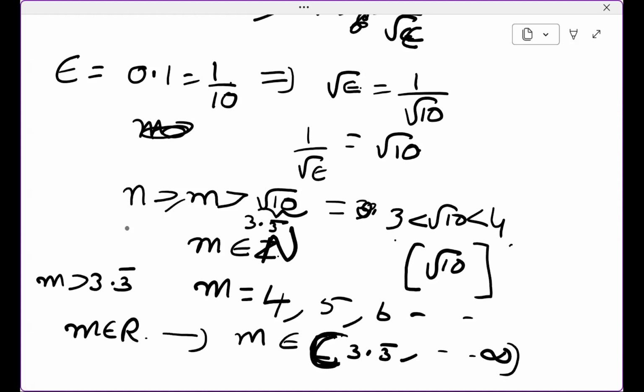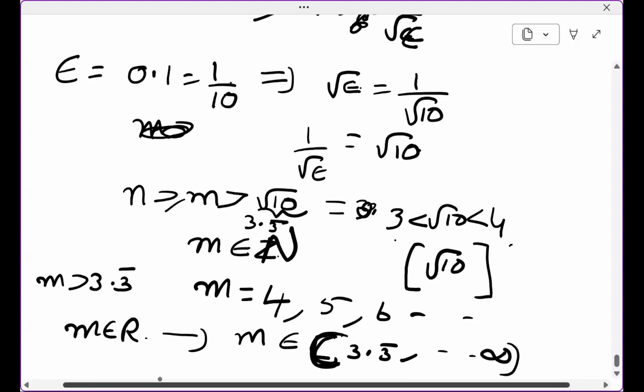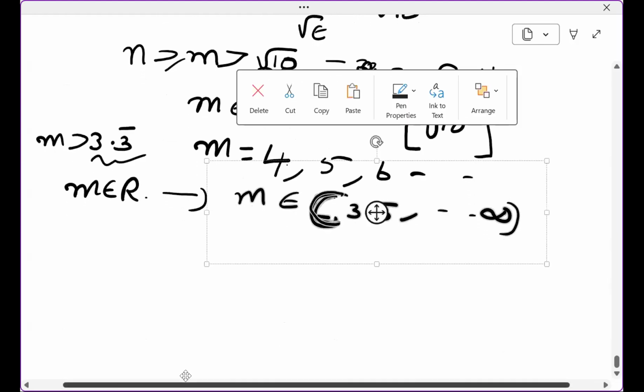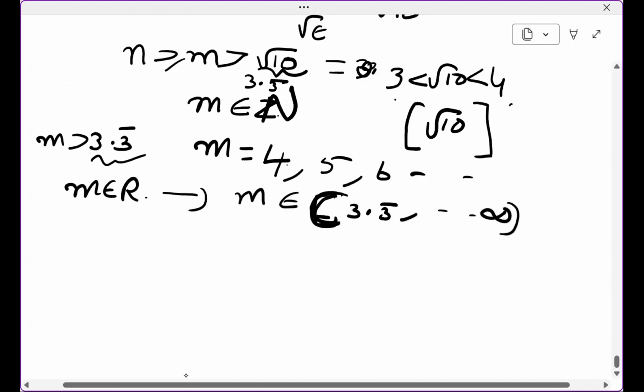All values up to infinity are possible. If you want a natural number, then 4, 5, 6. Because after 3.3 bar, the next natural number is obviously 4. What is the least among them? 4. So generally, M is taken as the least among the numbers which are greater than this.